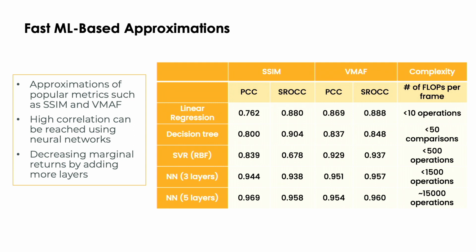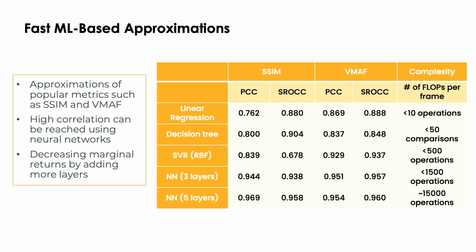Then you can go to support vector regression and so on. But the models that we typically saw that gave us a good trade-off between accuracy and complexity are fully connected neural networks that you start from with a limited number of operations, like a 3-layer network. So on top of the pre-analysis features that you already have, you just need a couple of layers with, in this case, less than 1,500 floating point operations to calculate the approximate VMAF numbers.